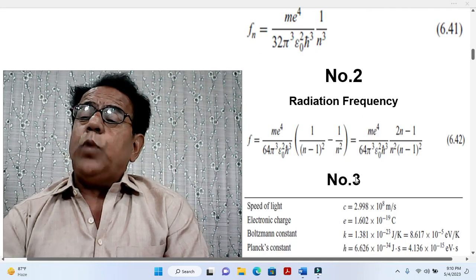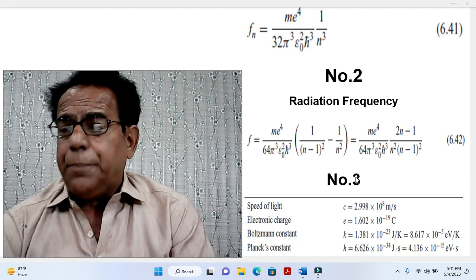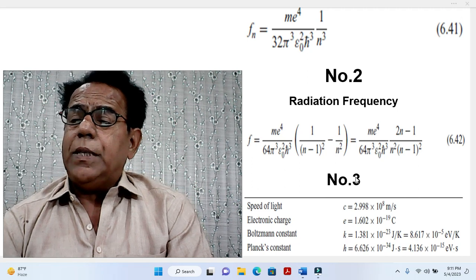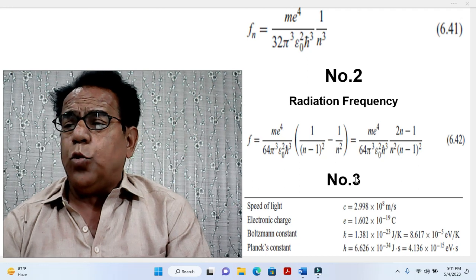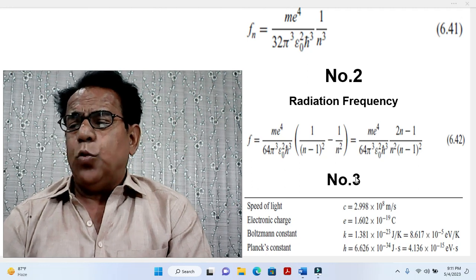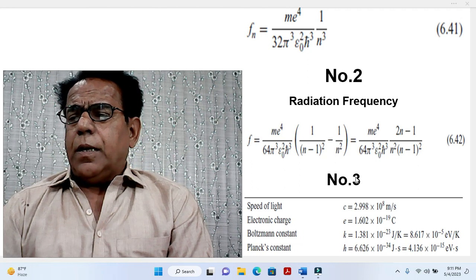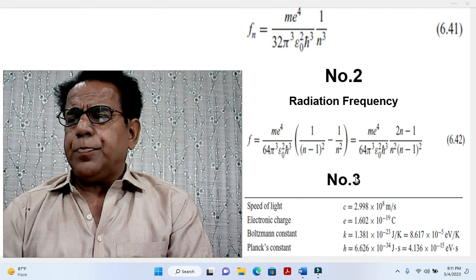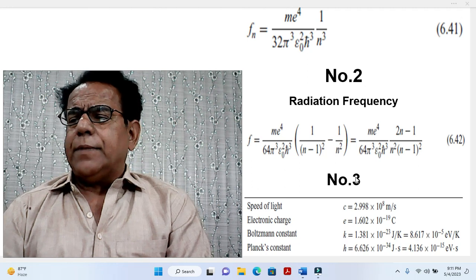Now tool number 2. This tool has also been chosen from the same book, Modern Physics by Kenneth S. Crane. This is the radiation frequency: F equal to m e raised to the power 4 divided by 64 pi raised to the power 3 epsilon naught square h bar cube into 1 over n minus 1 square minus 1 over n square.